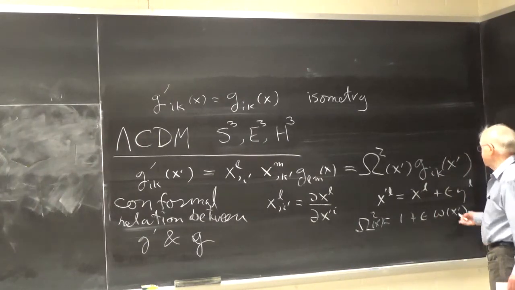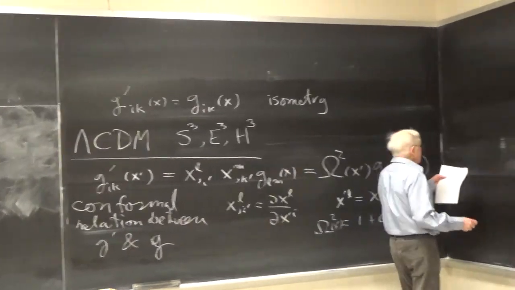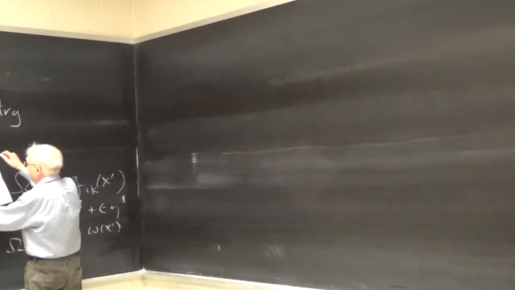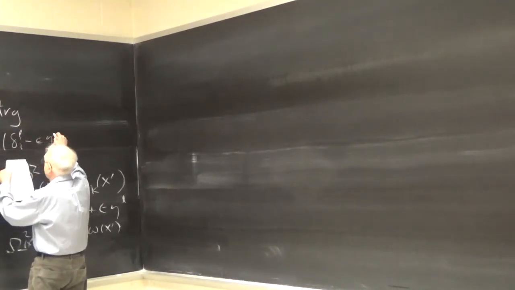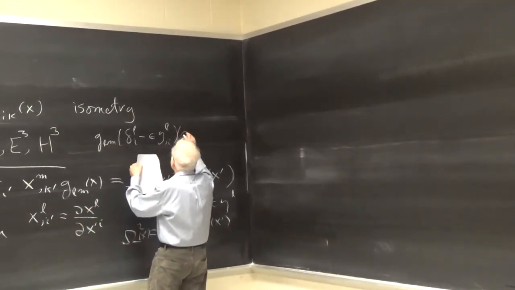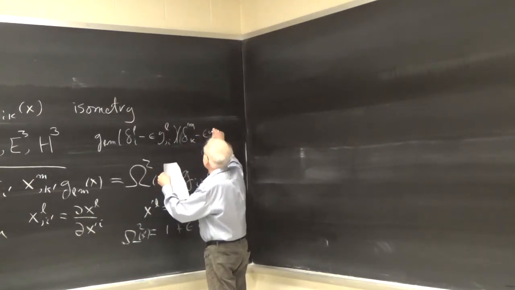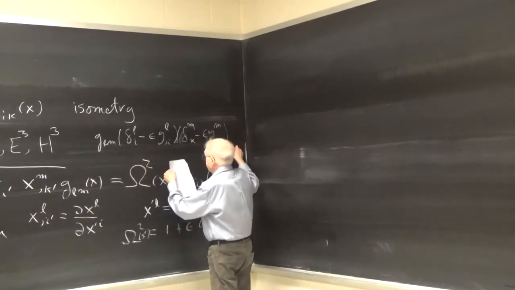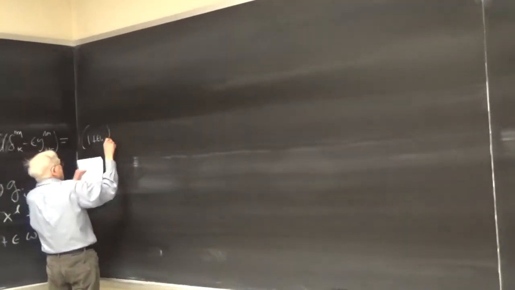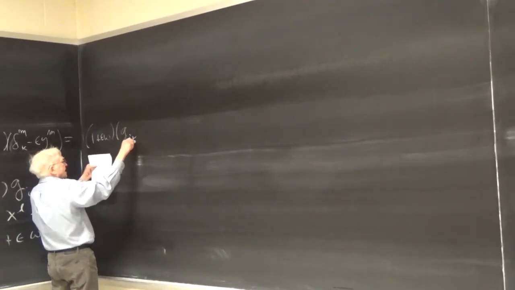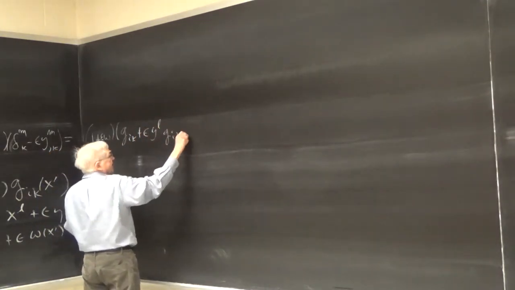And so then if we just substitute these expressions into this equation, what we get as the conformal condition is g_lm (delta^l_i minus epsilon y^l_{,i}) (delta^m_k minus epsilon y^m_{,k}) is equal to (1 plus epsilon omega) times (g_ik plus epsilon y^l g_ik,l).